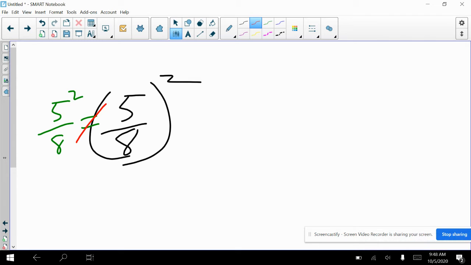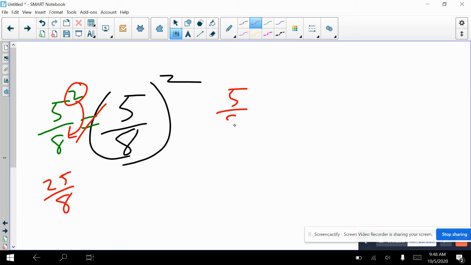If you're looking at the one in the green, 5 squared divided by 8, wouldn't that be 25 over 8? That squared symbol is not associated with the 8. It's only associated with the 5. But now that you have parentheses, the squared symbol is associated with both of them.